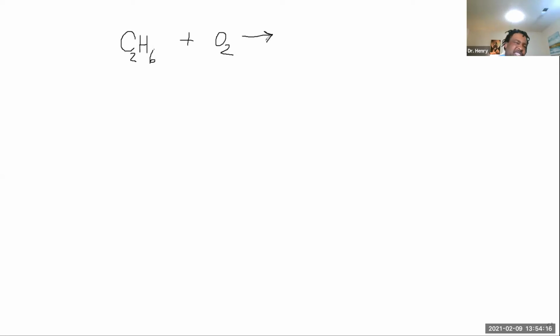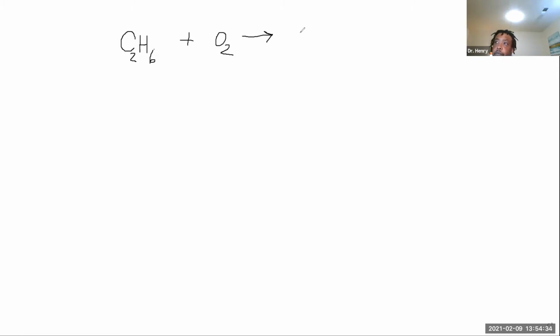So just for the record, this type of reaction, anytime you have carbon and oxygen by itself, like a carbon molecule and oxygen gas, those are called combustion reactions. You don't need to know it yet, but I'm just giving you a heads up.